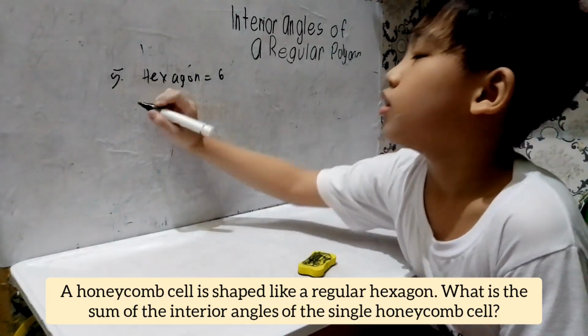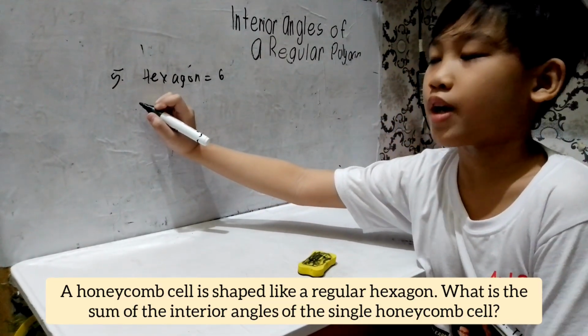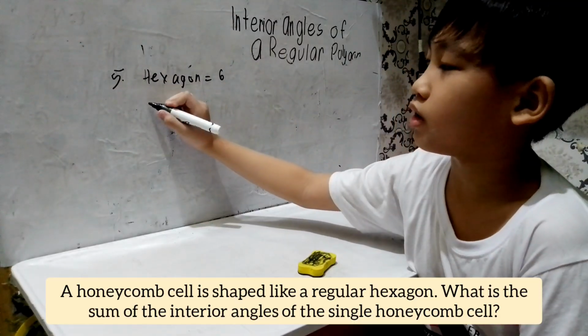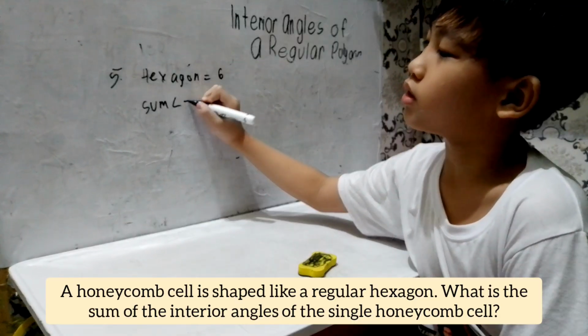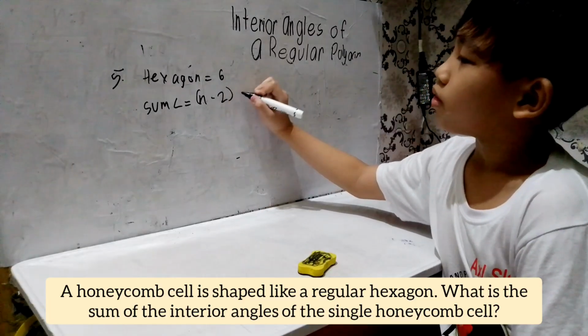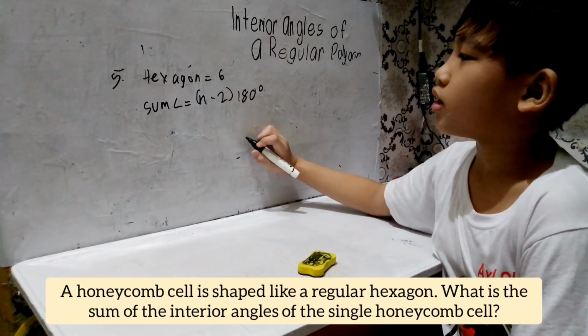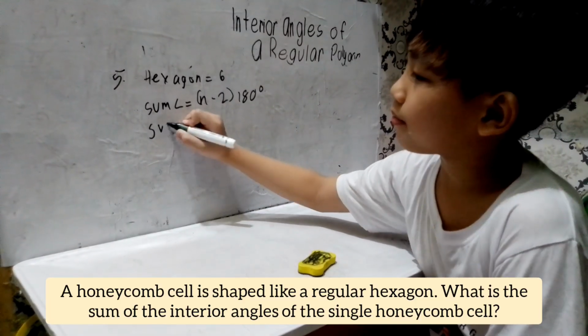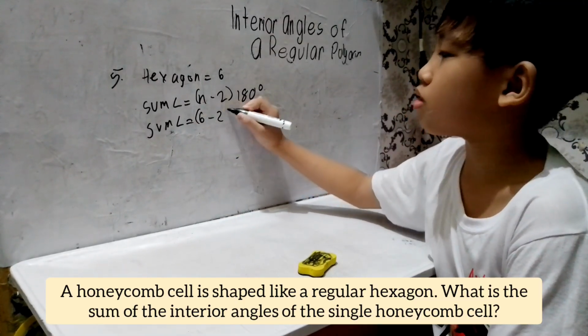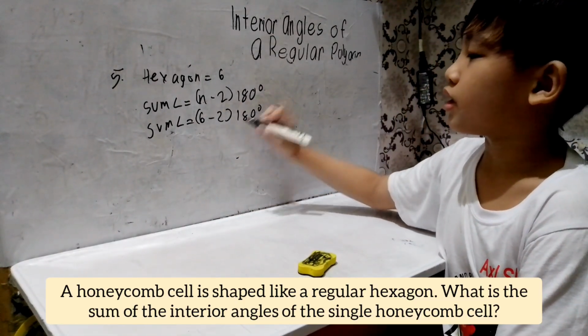We are finding the sum of the interior angles. So the sum of angles equals n minus 2 multiplied by 180 degrees. Let's replace n: 6 minus 2, times 180 degrees.